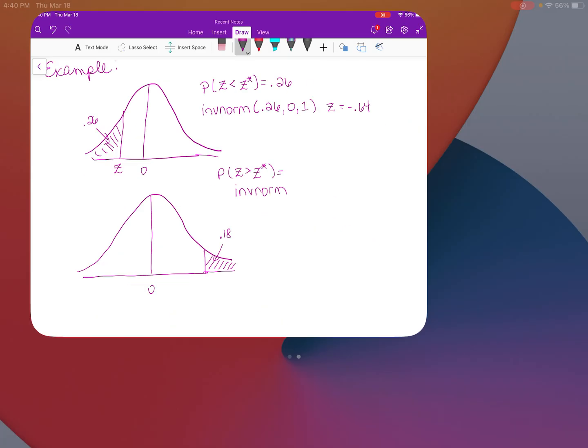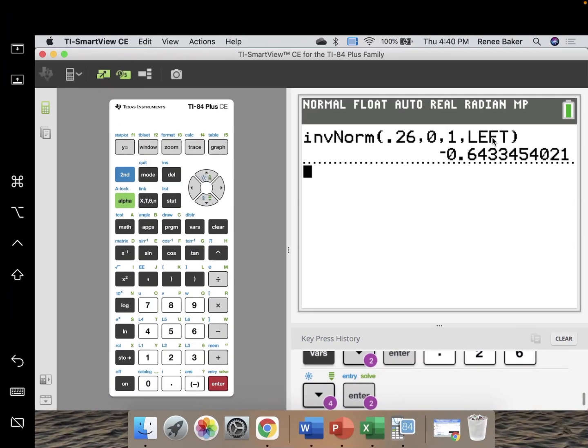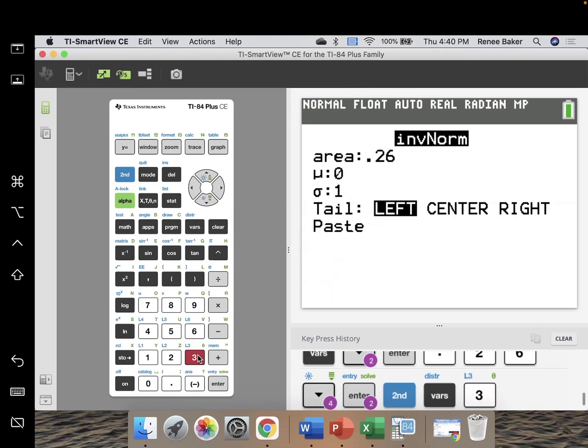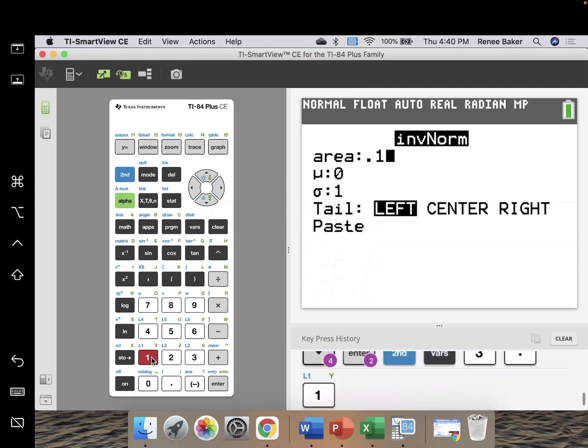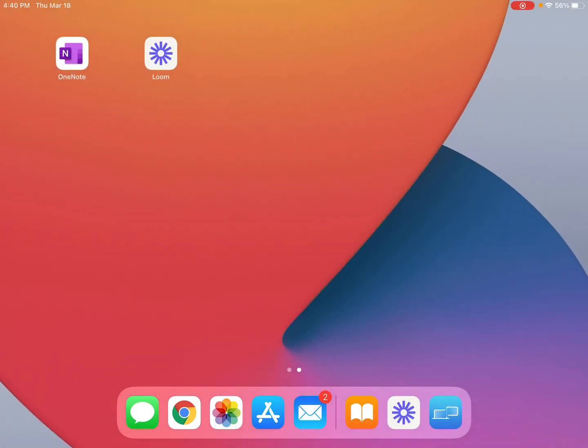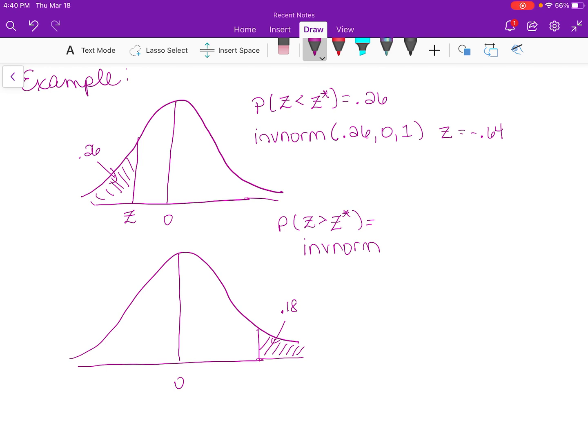If you were to put in second vars 3, if you were to put in the 0.18, then you would get a negative 0.91 or negative 0.92. Well, if you look at this, my shaded area is to the right of 0, so it's got to be positive. So that in and of itself tells me that I've done something wrong.